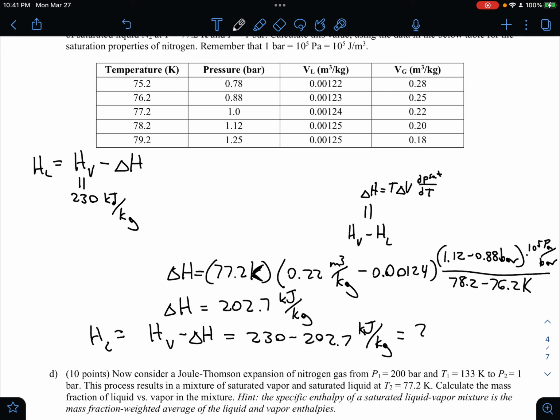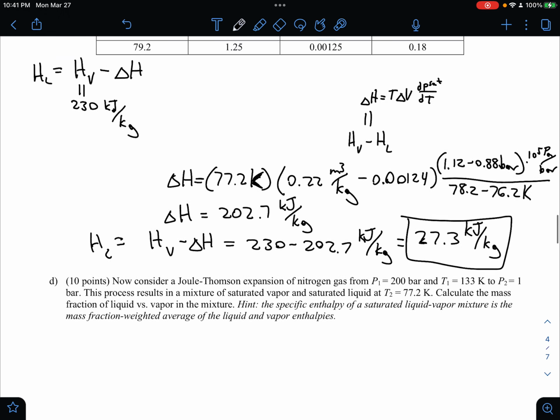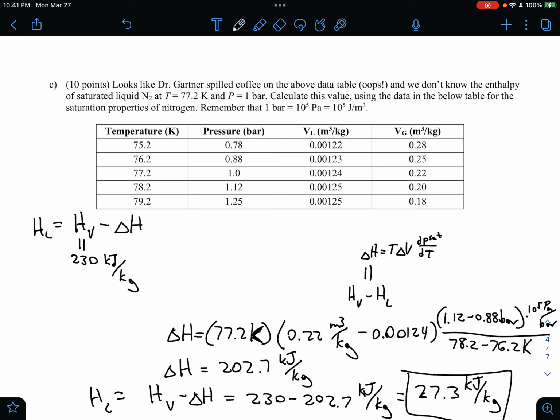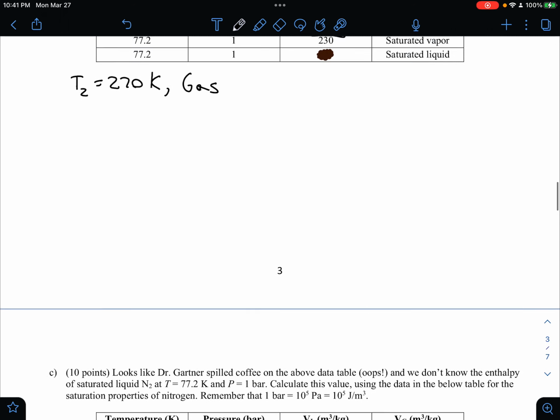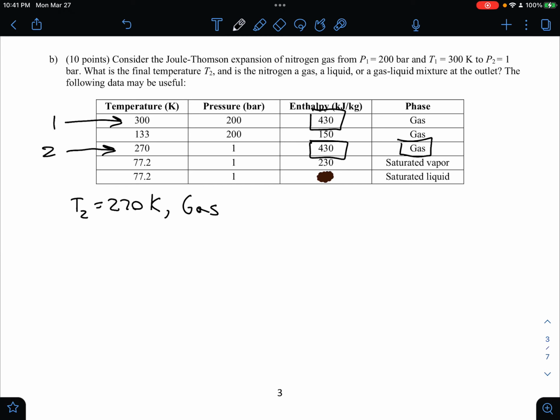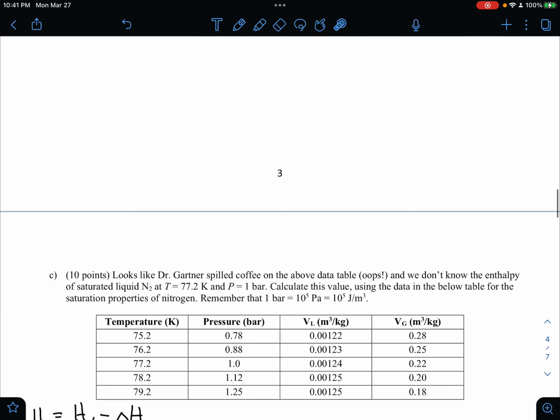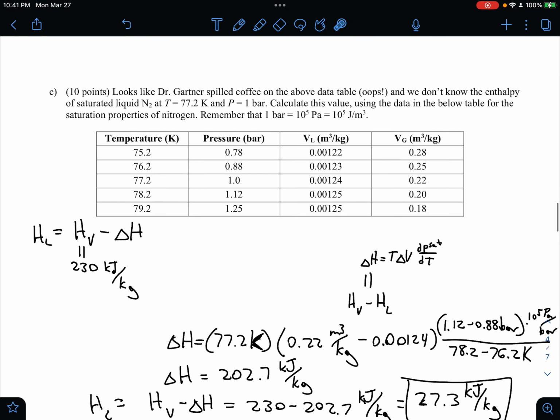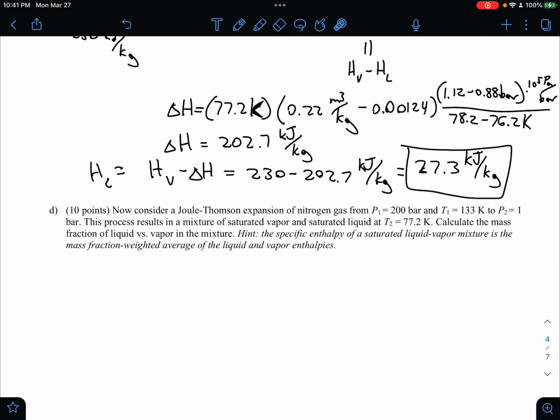And that comes out to 27.3 kilojoules per kilogram. Okay, is that what it was asking for? Yes, we want this enthalpy. Okay, so I think that's right.